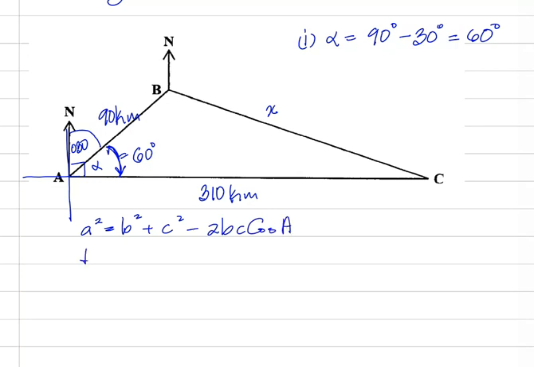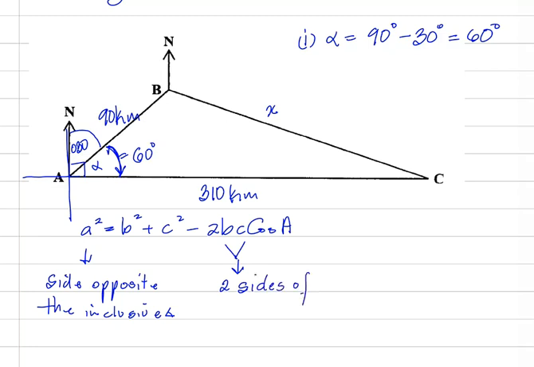In this formula, A is the side opposite the inclusive angle. B and C are the 2 sides of known lengths.